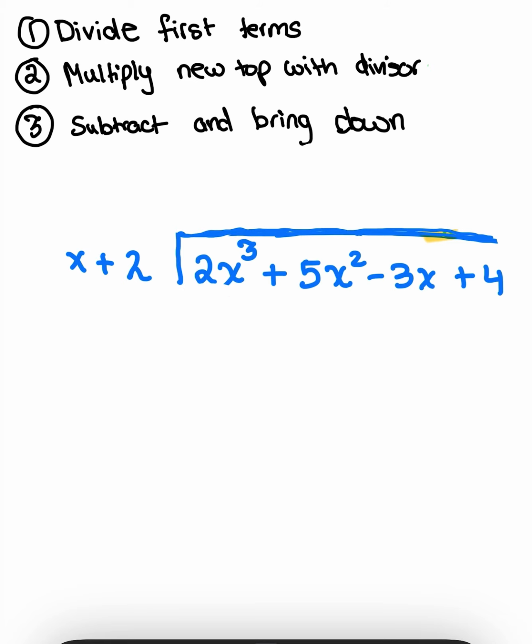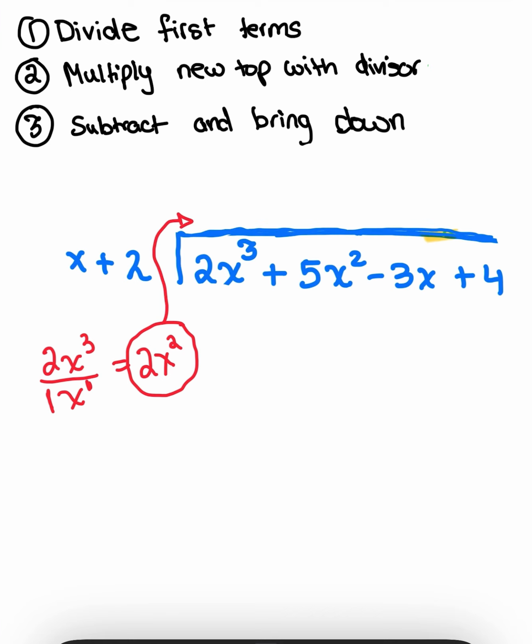So I have to take 2x to the power of 3, and I'm dividing it by x. Remember, there is an imaginary 1 here, and this x has a power of 1. What's 2 divided by 1? That's just 2. When you are dividing variables, you subtract exponents. So we're going to do 3 minus 1, which is just 2. Now the answer I get, I put it at the top.